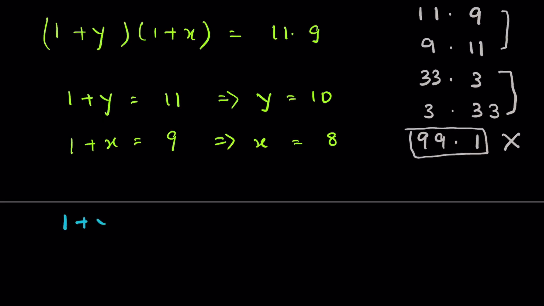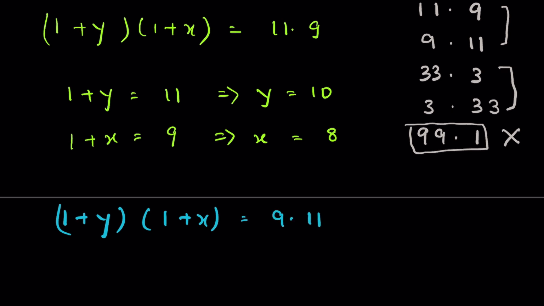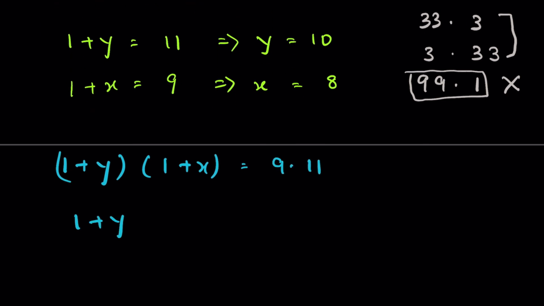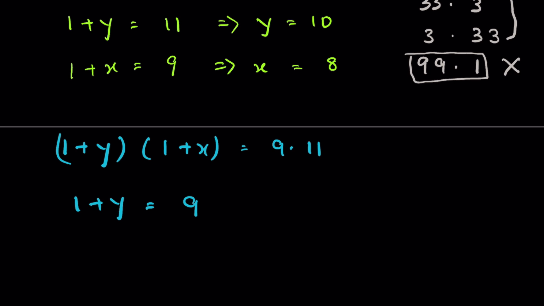When (1 plus y) times (1 plus x), we take 9 times 11, in that case, if we take 1 plus y is equal to 9 and 1 plus x is equal to 11, then y is equal to 8 and x is equal to 10.